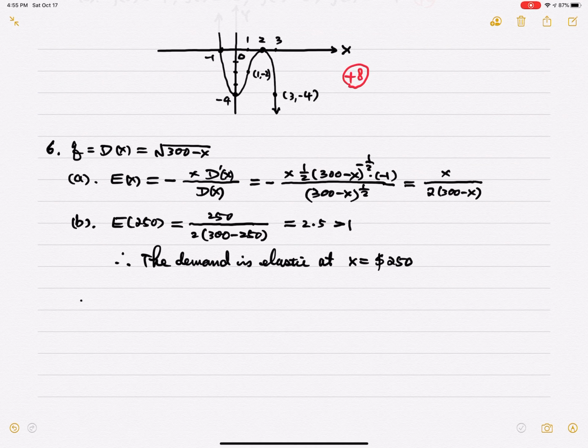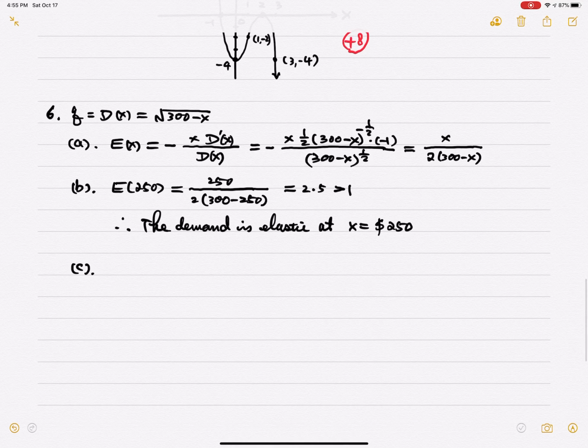Part C, we ask what price makes the revenue the maximum. That means E of x must equal 1. You solve this equation: x over 2 times 300 minus x equals 1. Now of course this implies, you multiply the denominator on both sides, x equals 600 minus 2x. Now this is easy to solve for x.